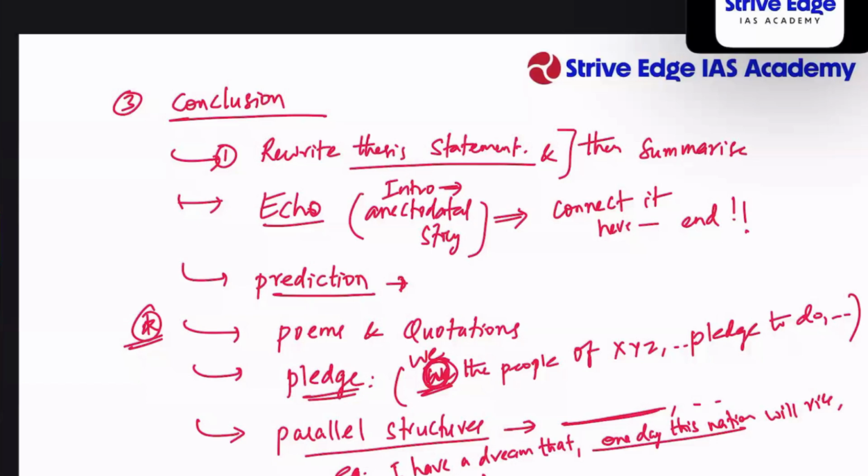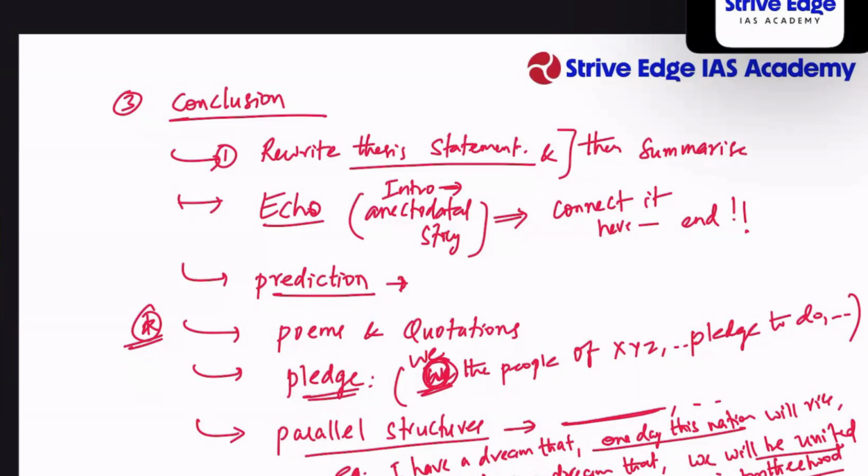Then again, the same: "I have a dream that we will be united." Brotherhood. This is the thing. So you take "I have a dream that" and you continue that sentence. Another example can be "We shall fight on no matter what the weather conditions are. We shall fight on no matter the political crisis begins. We shall fight on." So these are the parallel structures. You can use this one.